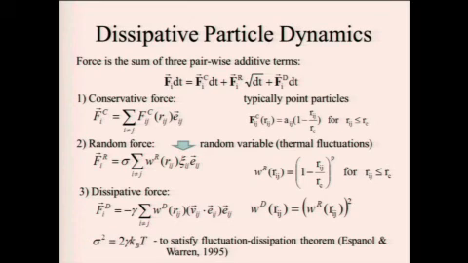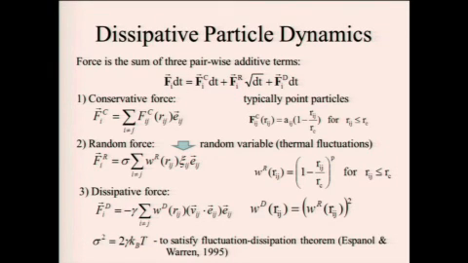So the random force has this function W sub r in it, where p is something you have to choose. It's usually between about 1/4 and 1. And the dissipative force involves the velocity differences. Vij is the difference velocity between any two particles.